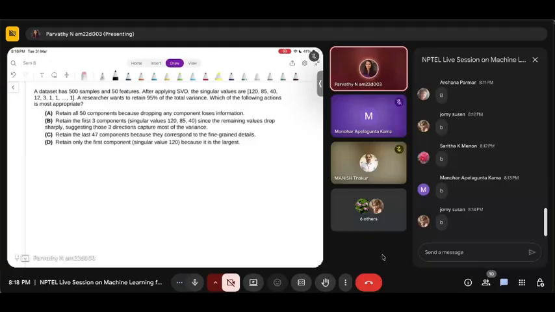Retain all 50 components because dropping any will lose information. Retain the first 3 since the remaining values dropped sharply, suggesting those 3 directions capture most of the variance. Retain the last 47 components because they correspond to the fine-grained details. Retain only the first component because it is the largest.